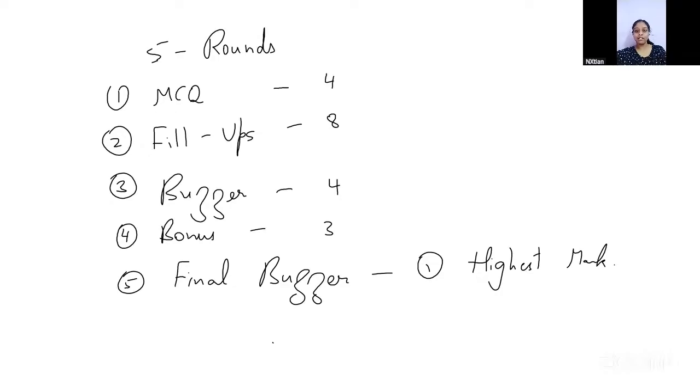So maybe the MCQs, fill-ups and buzzer can be one mark, the bonus can be 2, and the final buzzer can be 3.